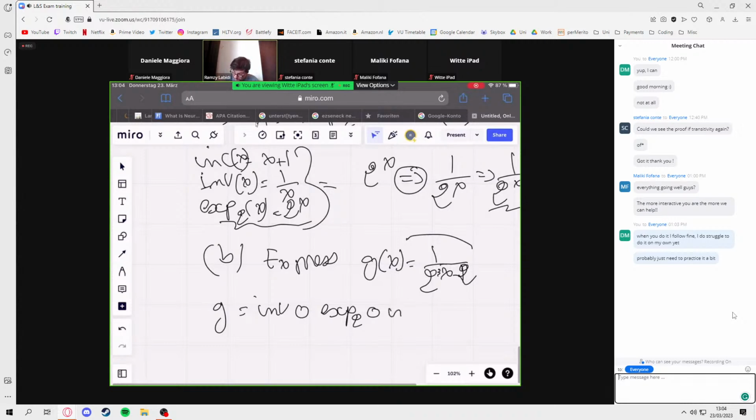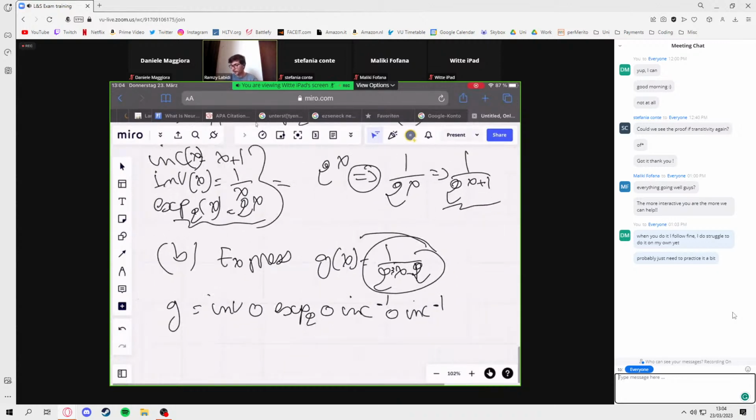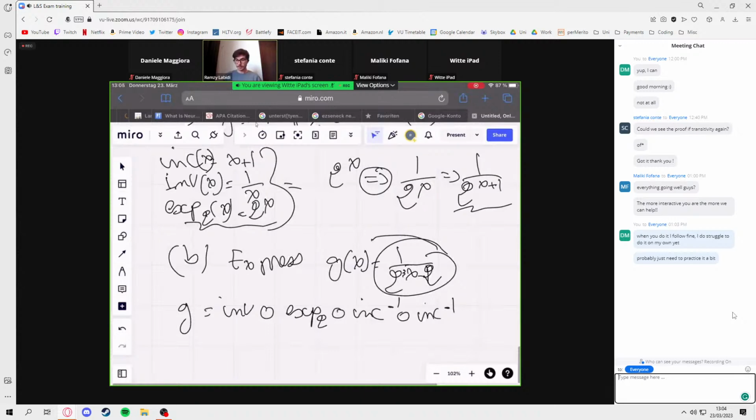So what we need to do is take inc minus and basically minus 2. Since we cannot write minus 2, we just put decremented by 1 and then decreased by another. And this will result in this. Okay, guys, I hope that was clear enough.